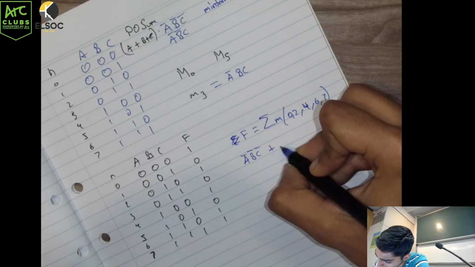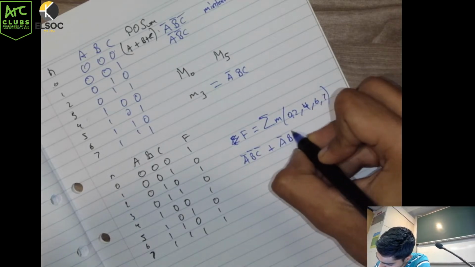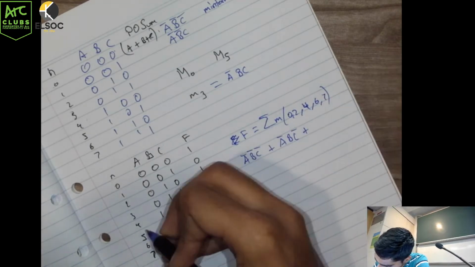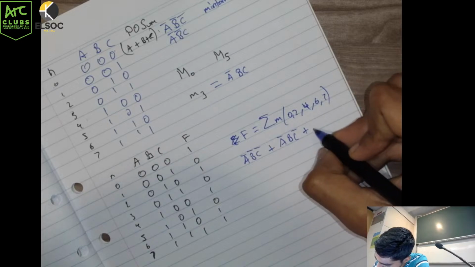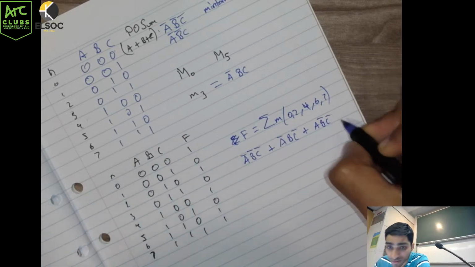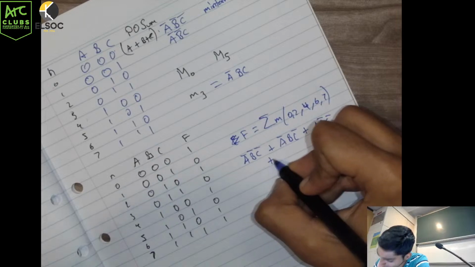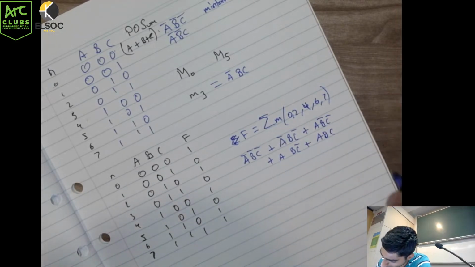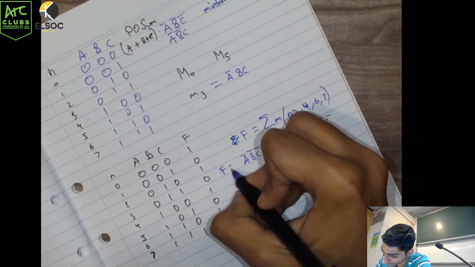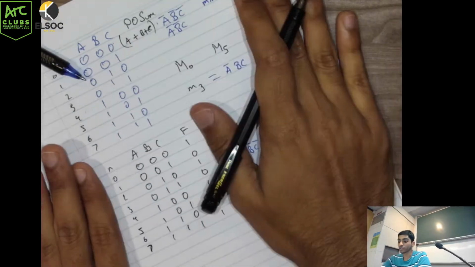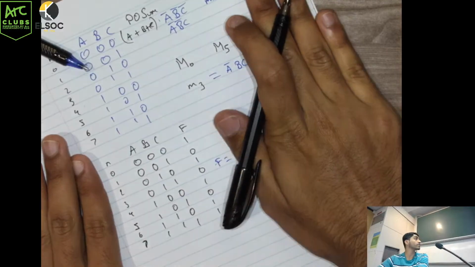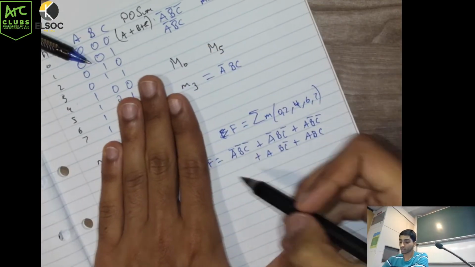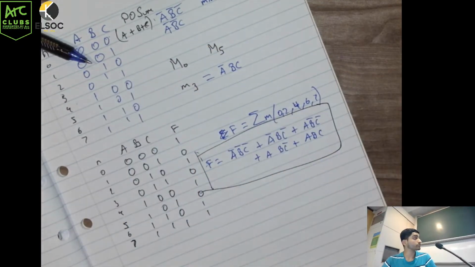And then minterm 2 is A naught, B, C naught. And then 4 is A, B naught, C naught, plus A, B, C naught, plus A, B, C. Cool. Therefore, if we were given this truth table and asked to find a function that represents it, this would be our answer.